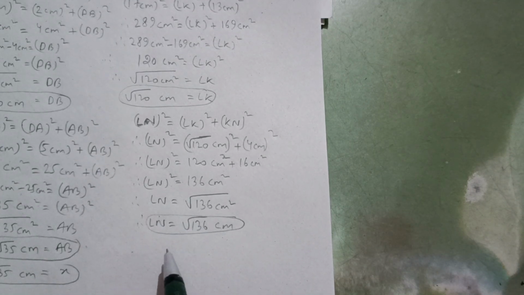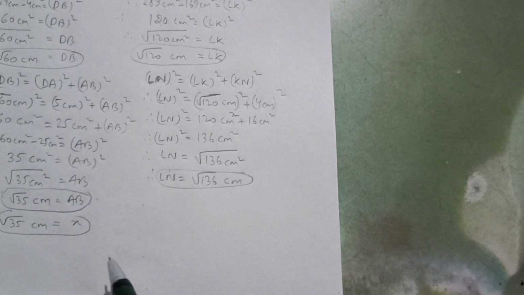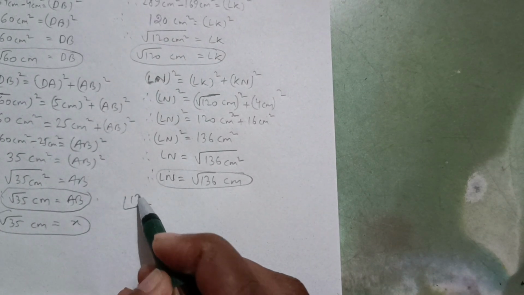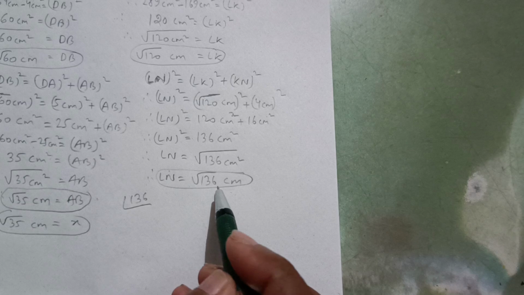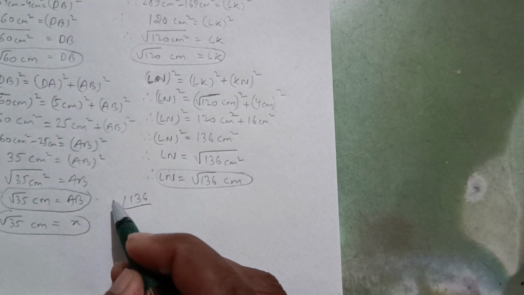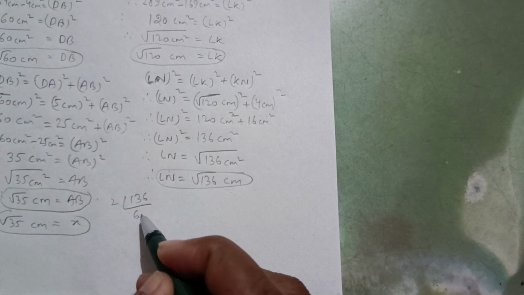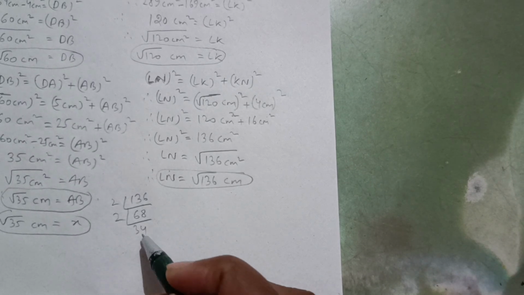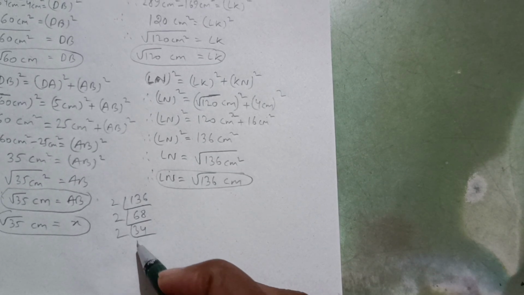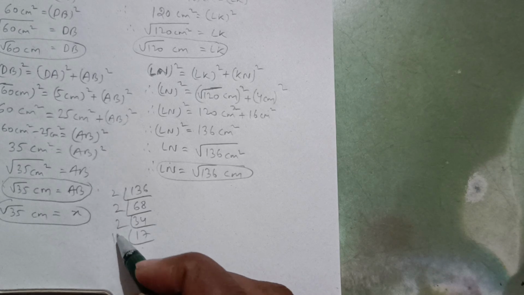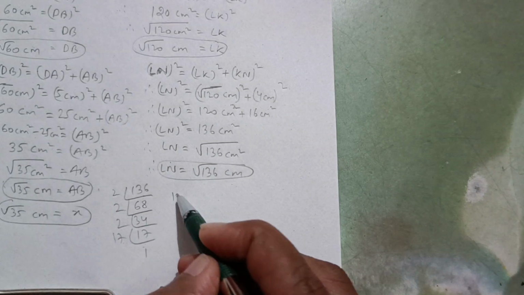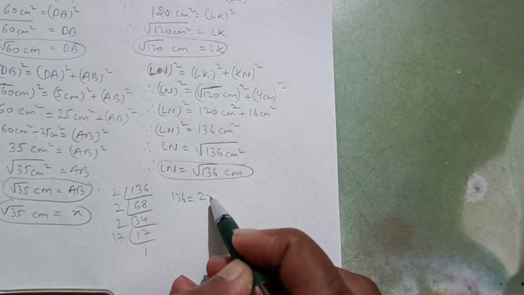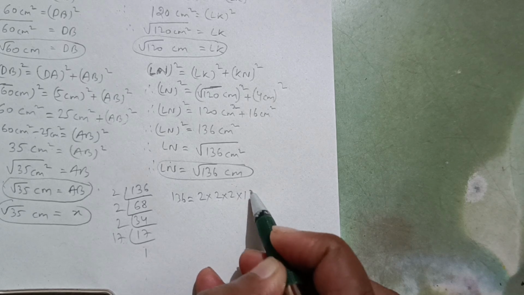Now if you want to simplify the square root of 136, you can do. So let us simplify if you want. We'll do the prime factorization of 136. 2 8s are 16, 2 3s are 6, 2 3s are 6 so 68, 2 17s are 34, 17 ones are 17. So 136 is 2 into 2 into 2 into 17.